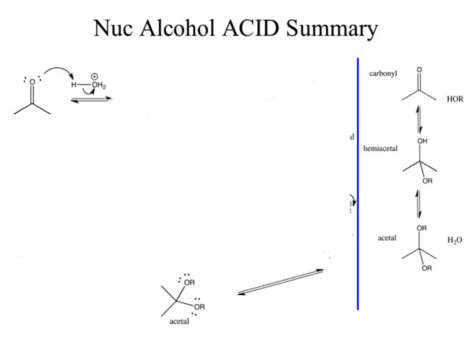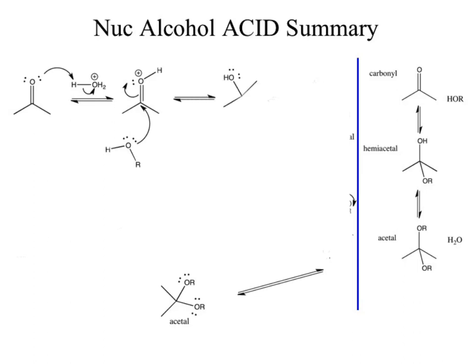If we run under acidic conditions, okay, the very first thing that happens is we have that strong acid. We need to neutralize the acid by reacting it with the carbonyl. Okay. We now have a stronger electrophile that can react with our alcohol through a nucleophilic addition. Okay.